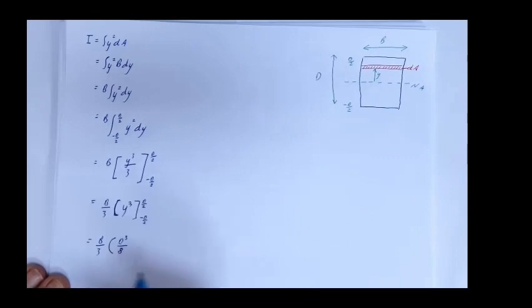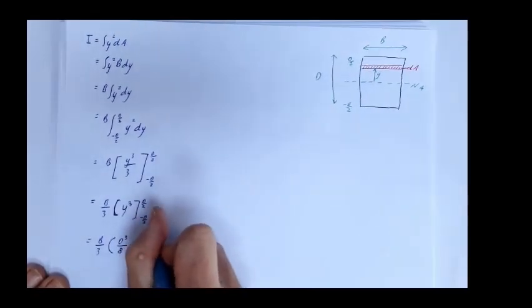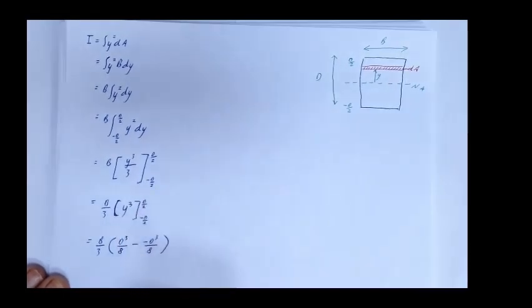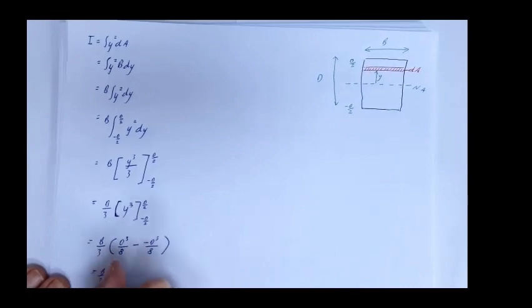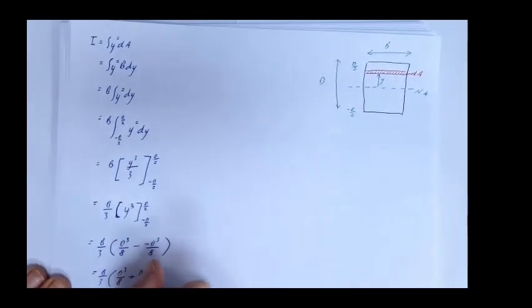So we've got d cubed over 8 minus minus d cubed over 8. So that's going to give me b over 3, lots of d cubed over 8 plus d cubed over 8.